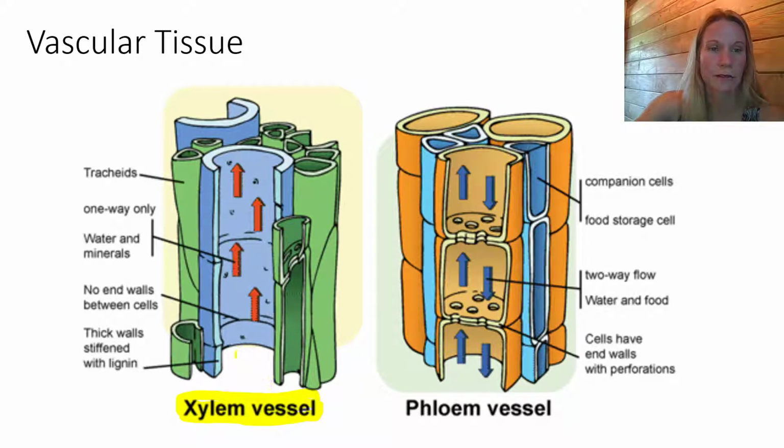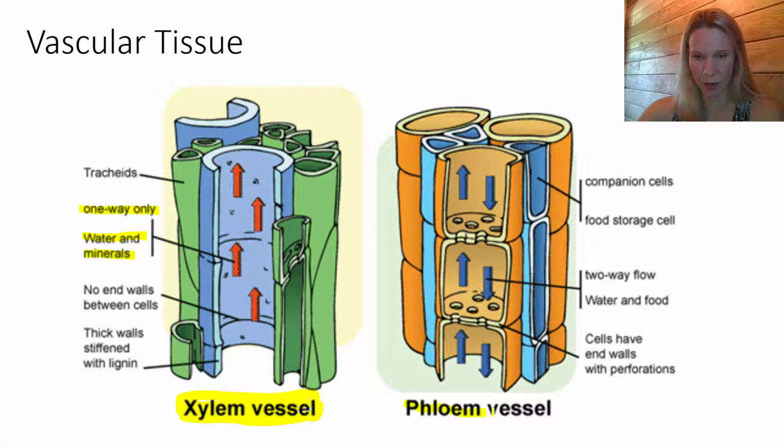Xylem vessels move in one direction, and they carry water and mineral transport. So the roots are going to absorb the water from the soil, and then those xylem vessels are going to transport the water and the minerals in an upwards one-way direction.